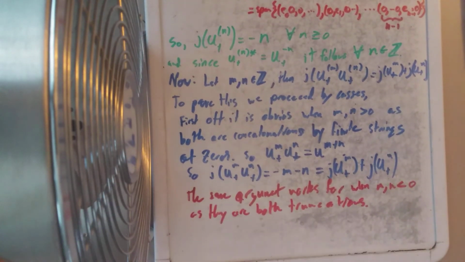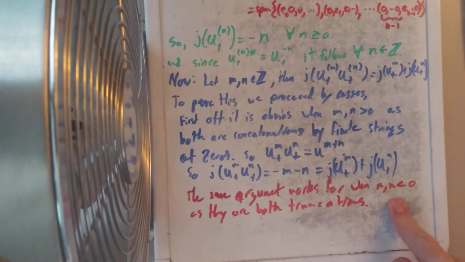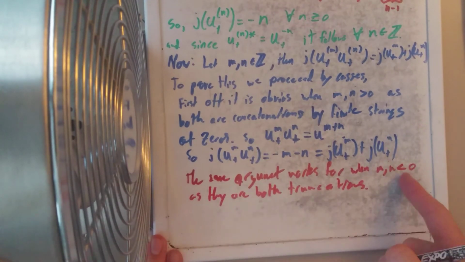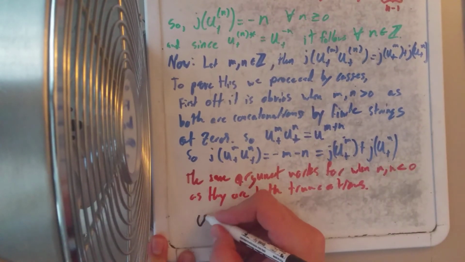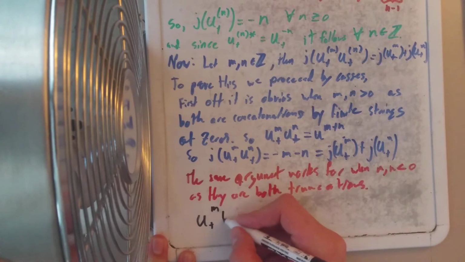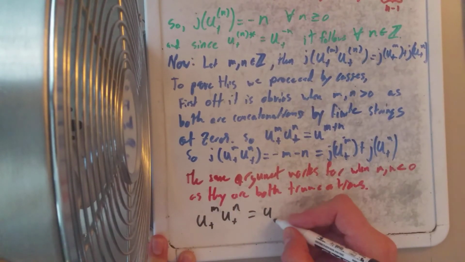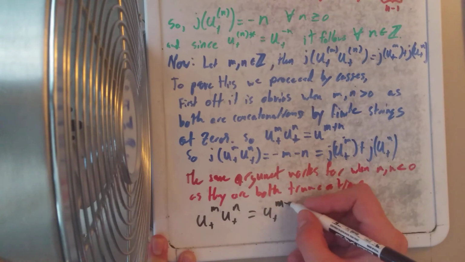Now, using this same style of argument, consider when m and n are both negative, so we have truncations. If I truncate the first m terms of a sequence, and then I truncate the first n terms of a sequence, it's just the truncation of the first m plus n terms of the sequence. So when n and m are less than 0, we're going to get that u plus of m composed with u plus of n is just the same thing as u plus of m plus n.